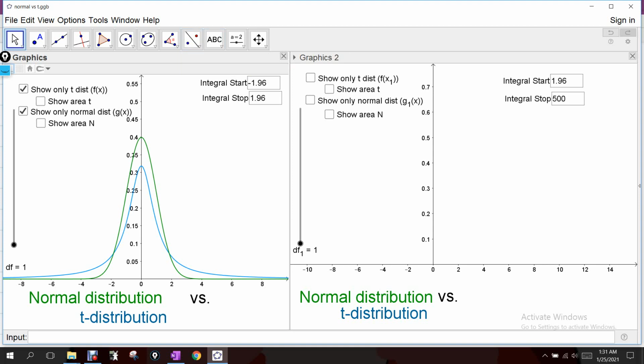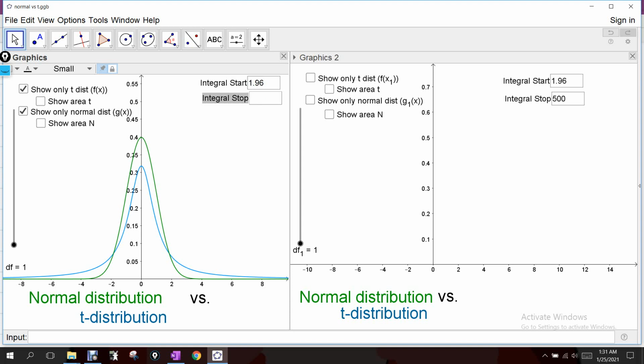Okay, if I show you, let's just go from a positive 1.96 to, like, 3 or 4 would be fine for a normal distribution.